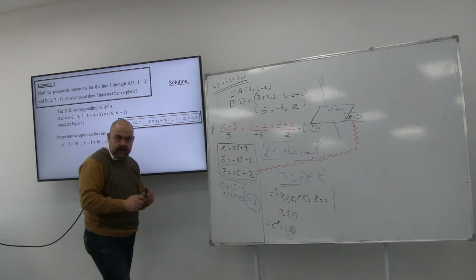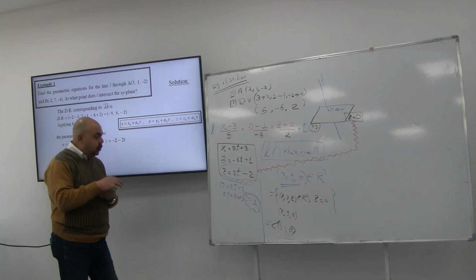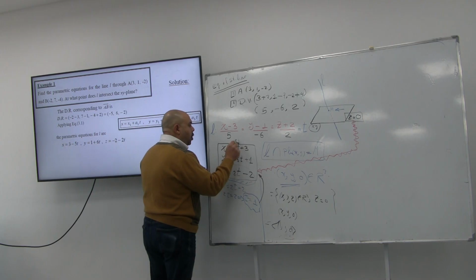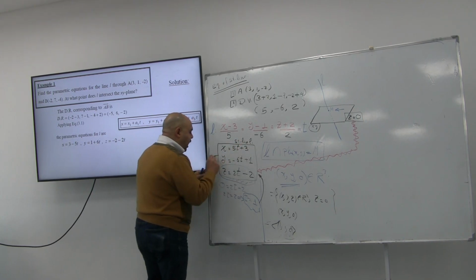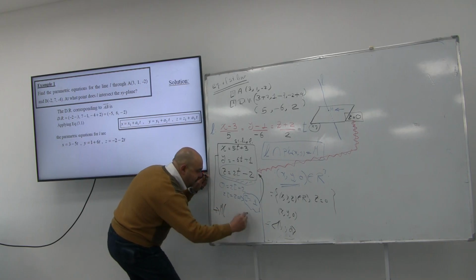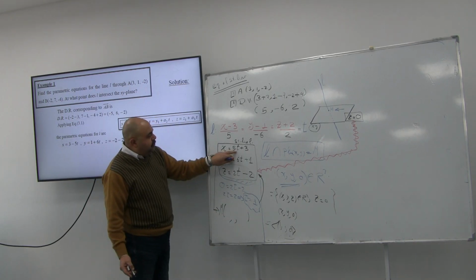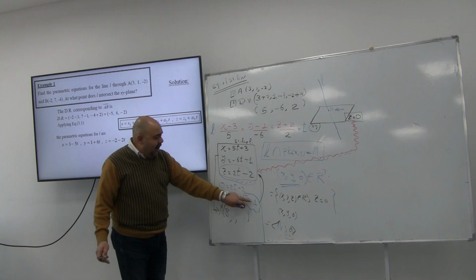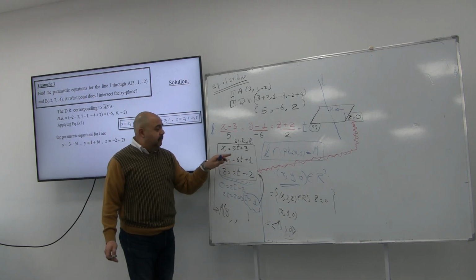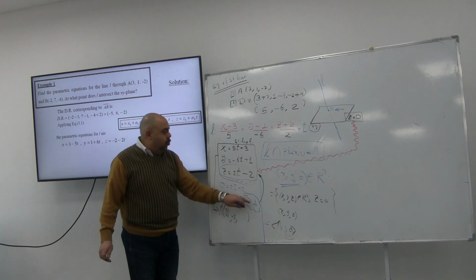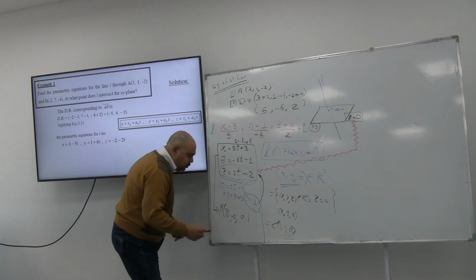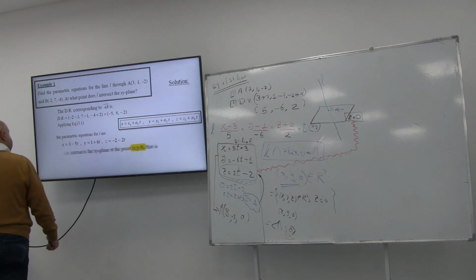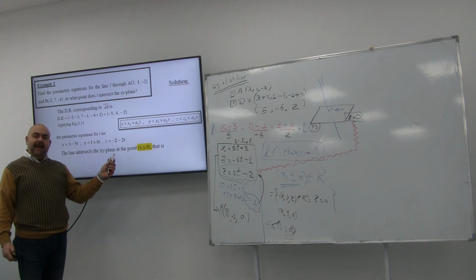Now I have the condition and I know the value of t, so making a back substitution into the equation of the straight line L, I will have the point M. Substituting t equal to 1, the first coordinate is 5 plus 3, the second is 1 times negative 6, plus 1, so negative 5, and the last is 0. This is the point that we are seeking.